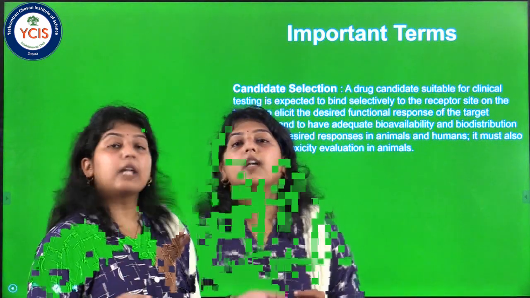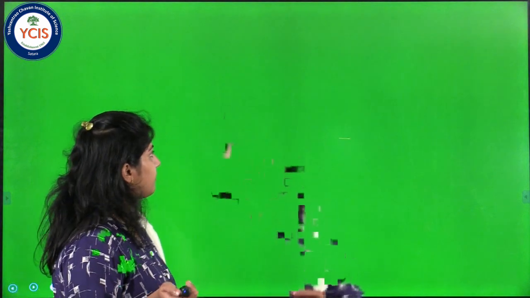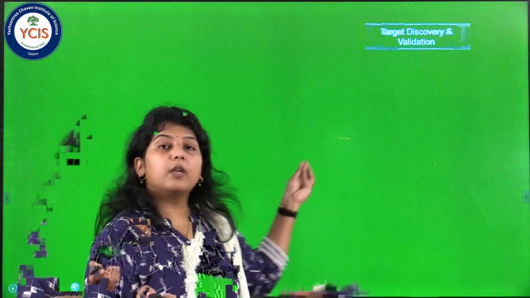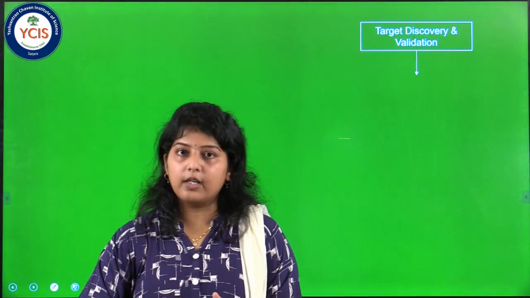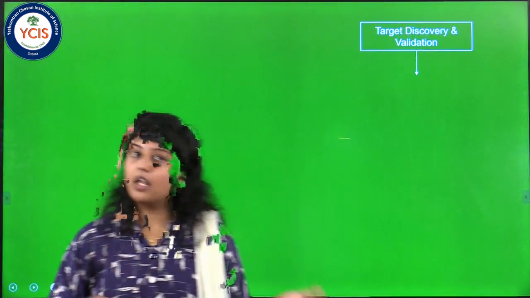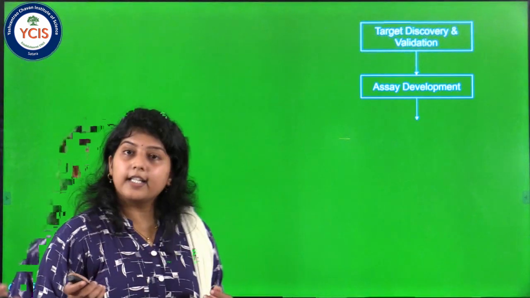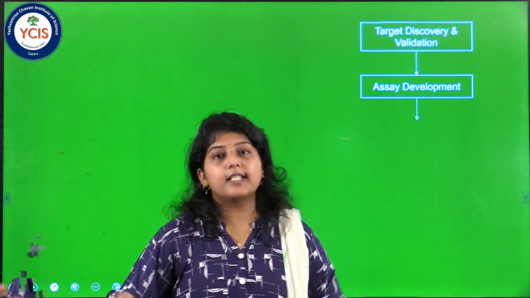These are the steps. First, we have target discovery and validation, which is finding the receptor that is involved in the disease-causing process, and confirming that the receptor is actually involved in that process, or whether other receptors are affecting it. Second is assay development. Various types of assays are developed so that we can check the spectrum of candidates against our receptors.